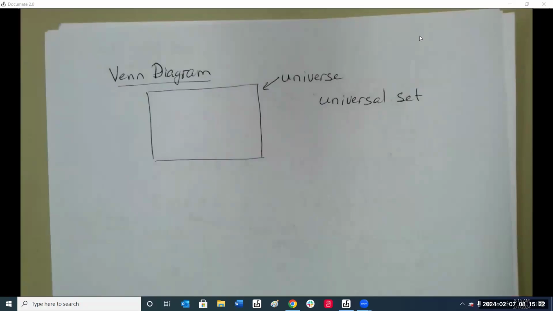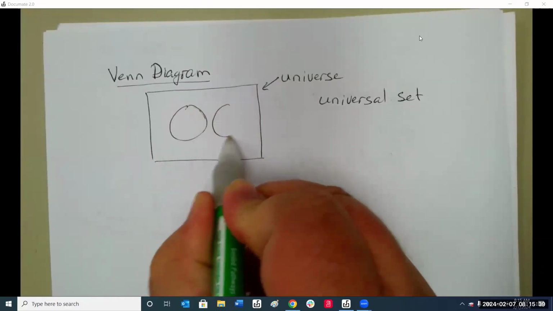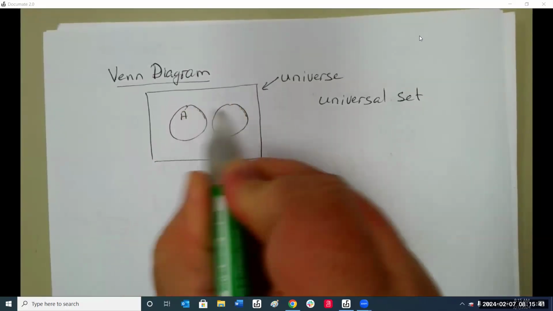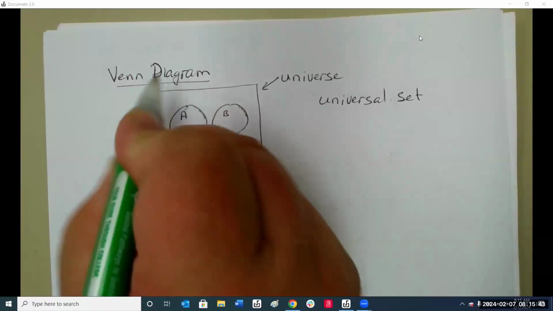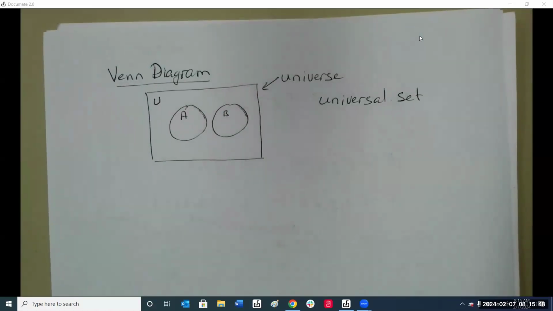The universal set is a list of all the elements that you're dealing with. There we have set A, set B, and you indicate that that's the universe.